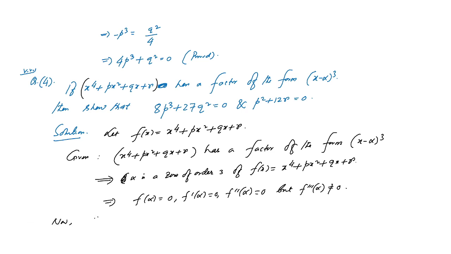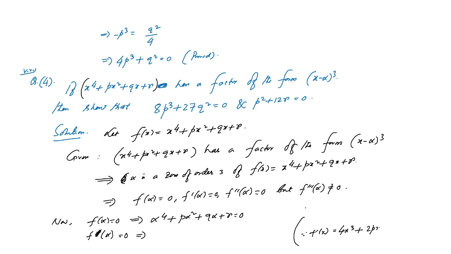First, f(alpha) equals 0 implies alpha to the power 4 plus p alpha square plus q alpha plus r equals 0. Differentiating f(x), f dash x is 4x cube plus 2px plus q, so 4 alpha cube plus 2p alpha plus q equals 0. f double dash x is 12x square plus 2p, so 12 alpha square plus 2p equals 0.